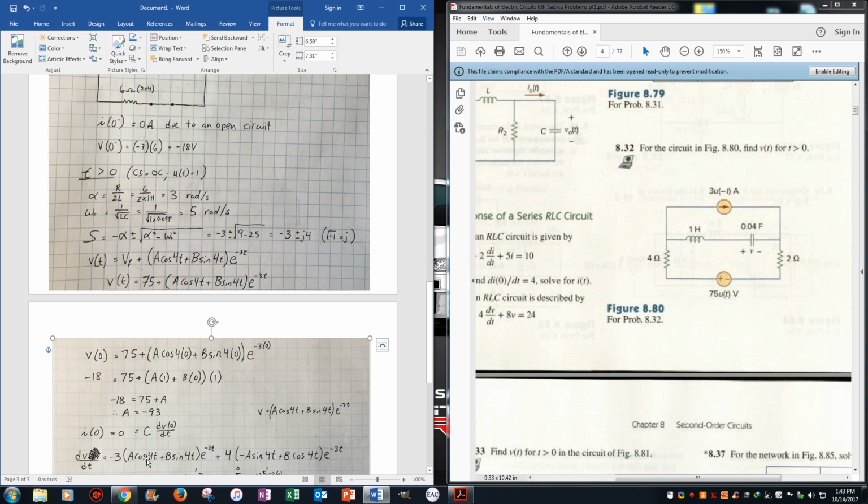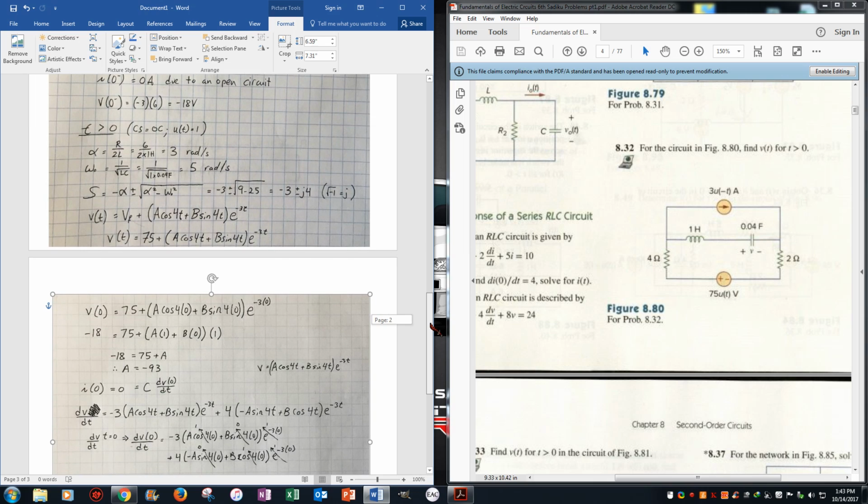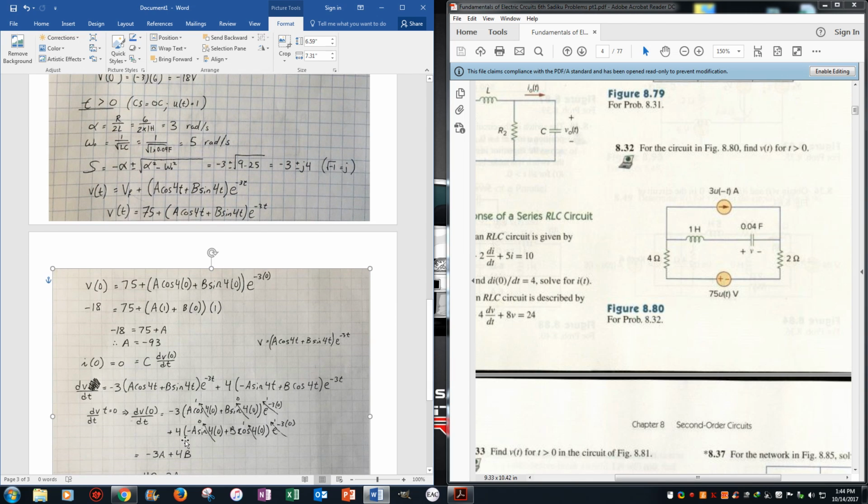We get negative 3A cosine 4t plus B cosine, plus, now the inside: cosine becomes negative sine, sine becomes cosine. When we do dv/dt, the only things that survive are the cosines, so the cosine from the first A term and the cosine from the B term. We're left with negative 3A plus 4B.